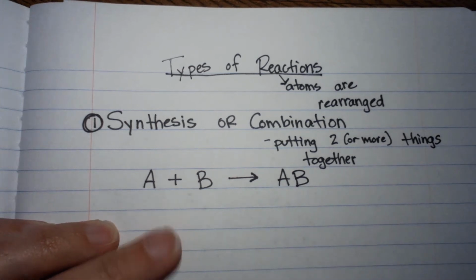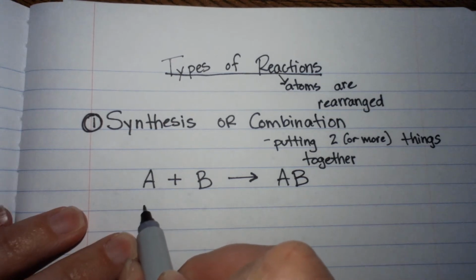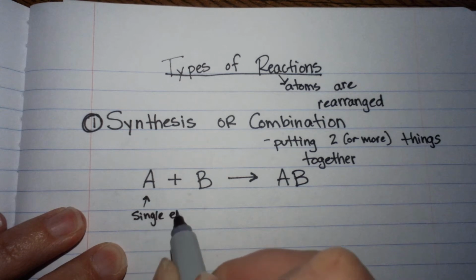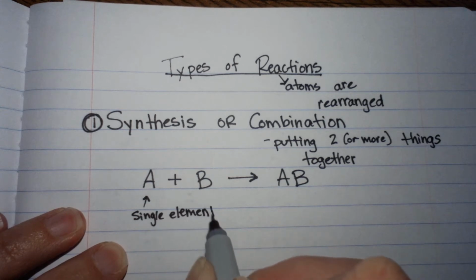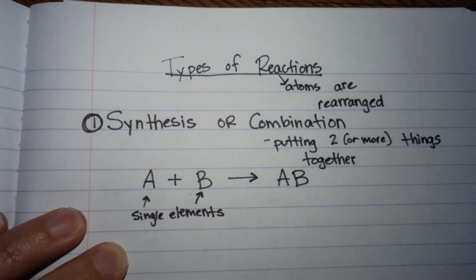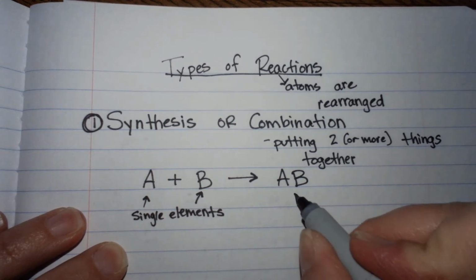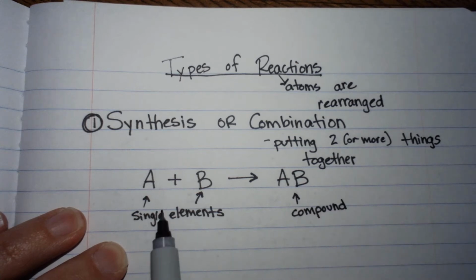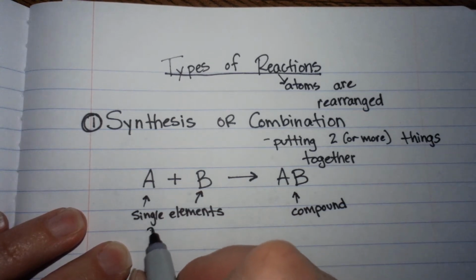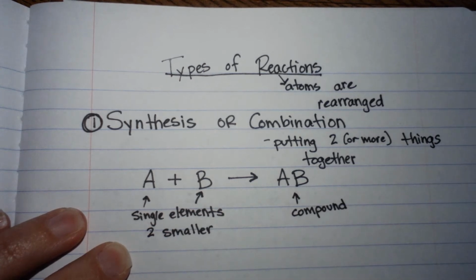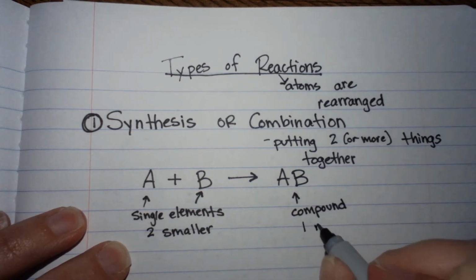So let's digest that, take it down a little bit. We have a single element. Actually, these are both single elements. And they come together to make a compound. So you begin with two smaller things, and we get one more complex.